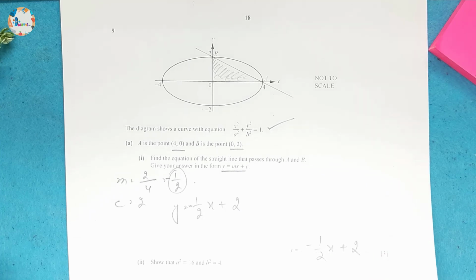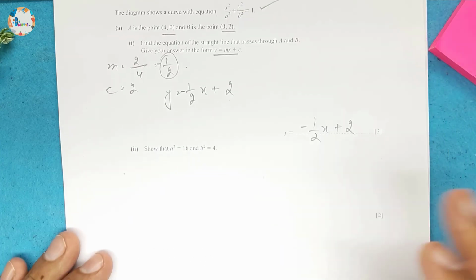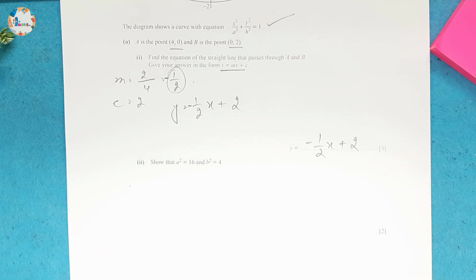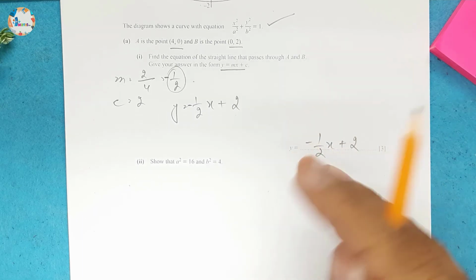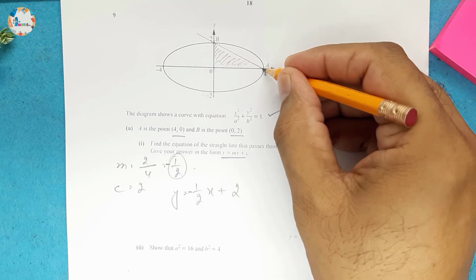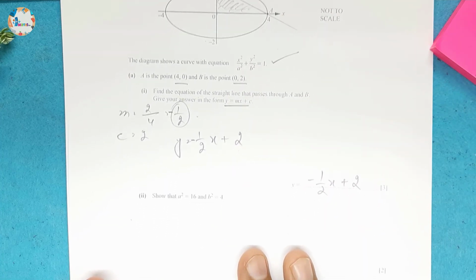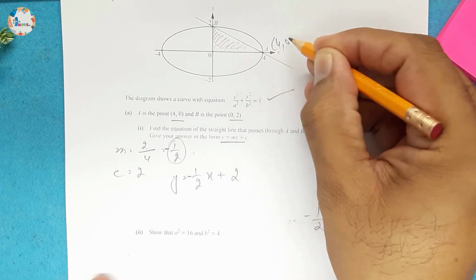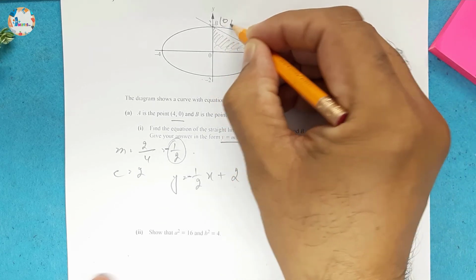And then we have to show that a squared is equal to 16 and b squared is equal to 4. So we can use these 2 points for the second part. This is 4 and 0, and this point is 0 and 2.